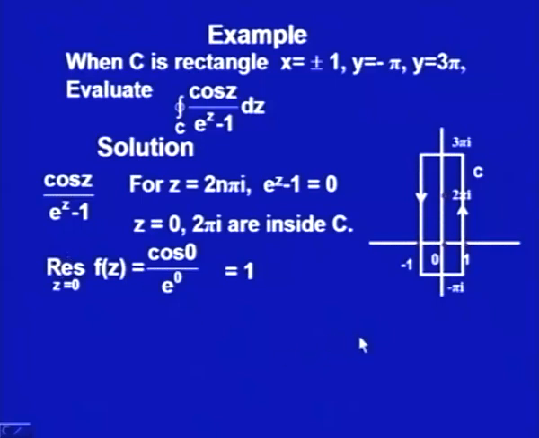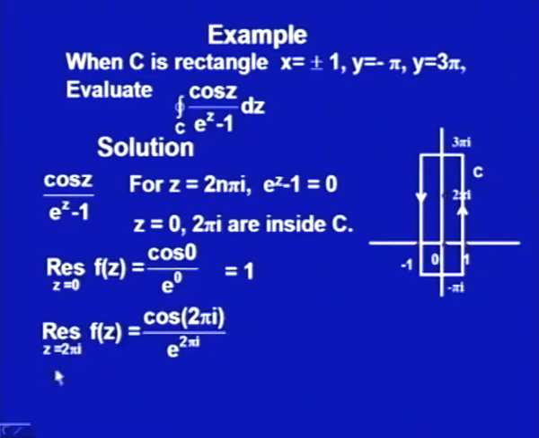Now, we want the residue at 2 pi i. Again I would use the same formula, p z naught upon q dash z naught. So, the residue at z is equal to 2 pi i would be cos of 2 pi i divided by e to the power 2 pi i. Certainly e to the power 2 pi i is cos 2 pi plus i sin 2 pi, that is 1. And cos 2 pi i we could write, if you remember that cos theta is e to the power i theta plus e to the power minus i theta by 2.